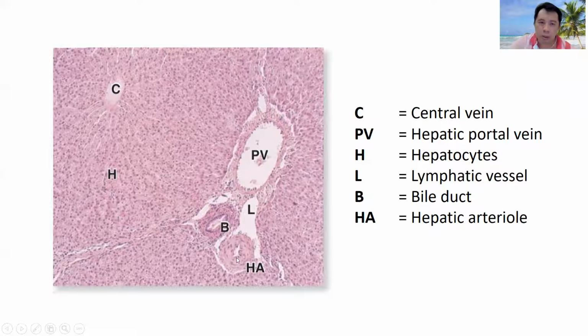In the hepatic arteriole, you can find smooth muscle, and sometimes you can locate red blood cells inside the lumen. Then you compare to the bile duct.